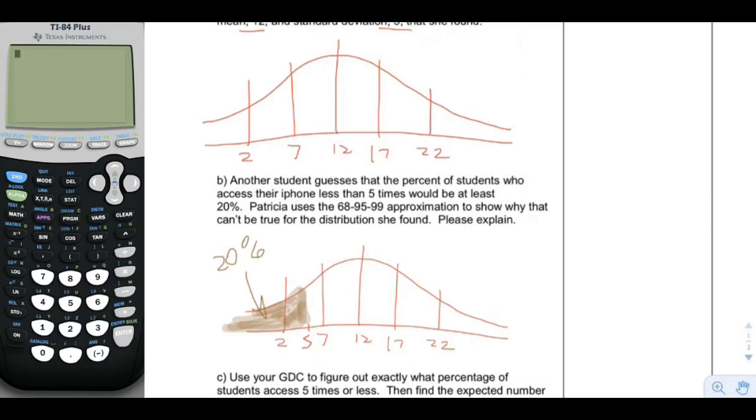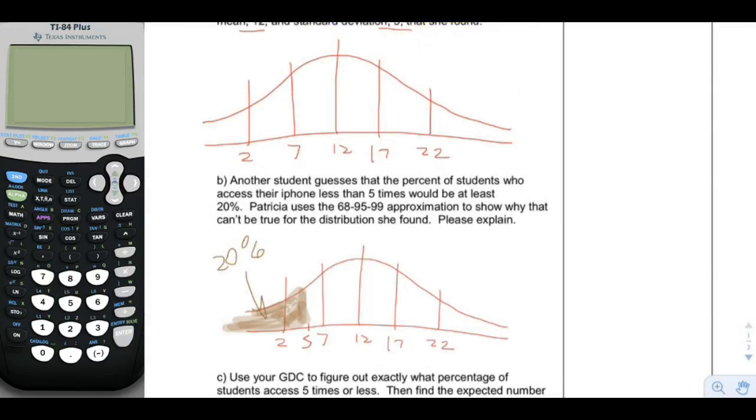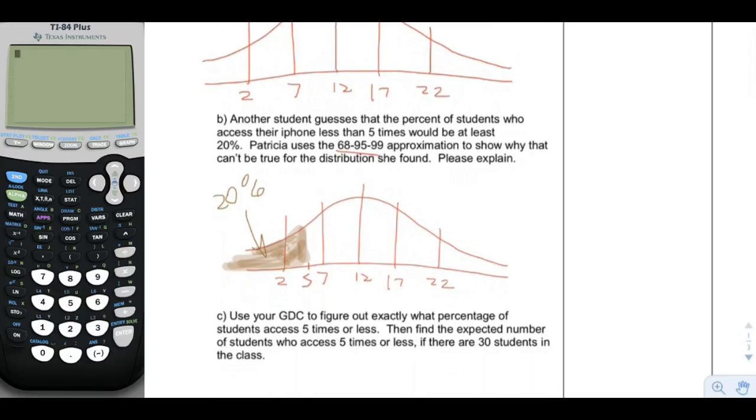But then you know some information about the size of these bands with the 68, 95, 99 approximation, so you can actually verify that 20% to some extent, right? And maybe you don't remember what the 68, 95, 99 approximation is, but if you divide 68 by 2, you get 34, and then it starts to ring a bell, right? You know that these two middle regions are 34%.